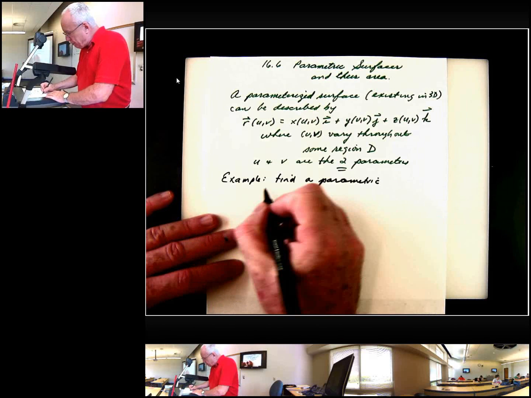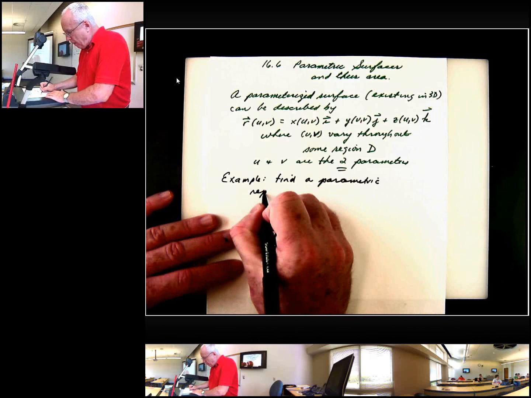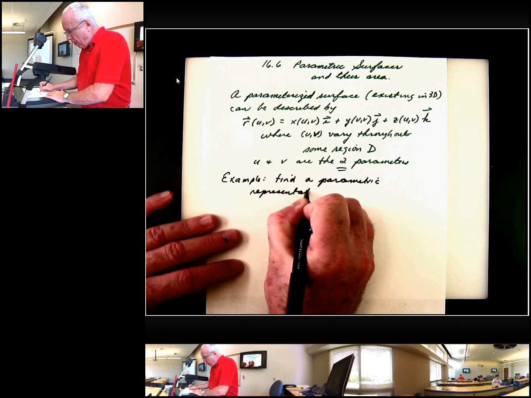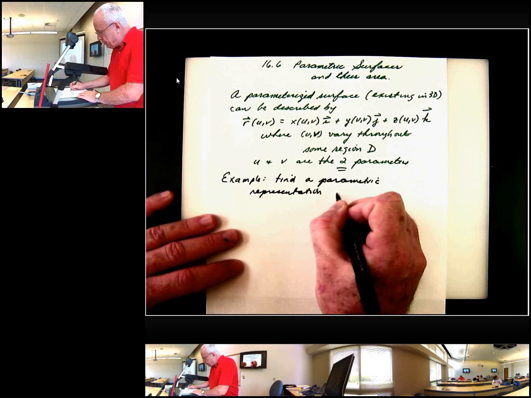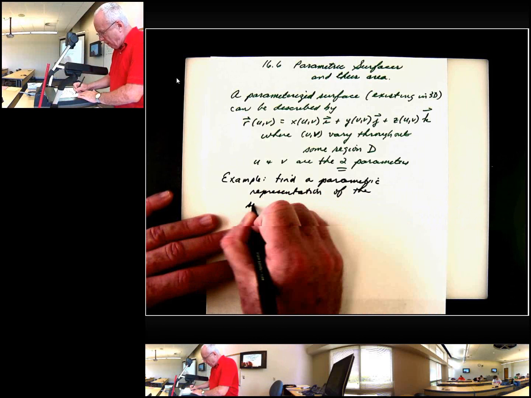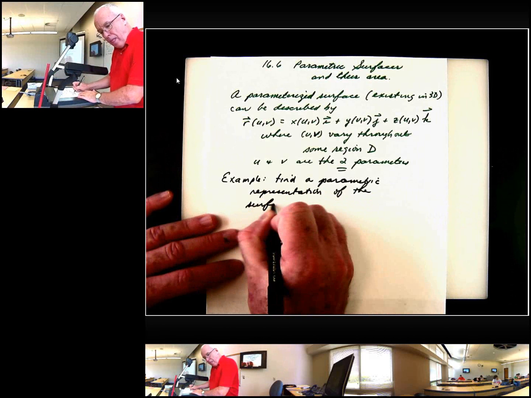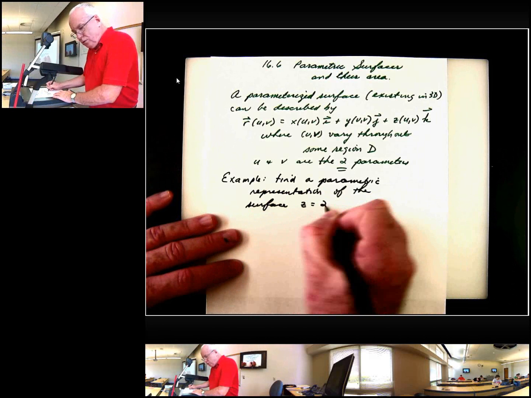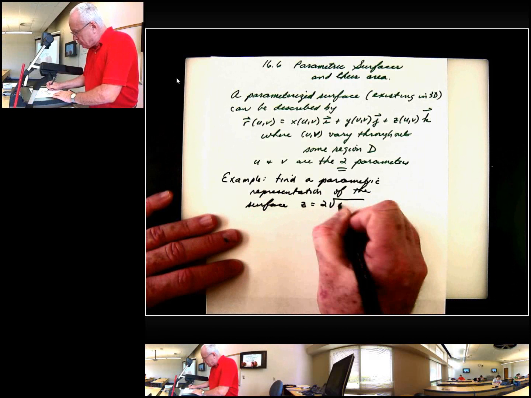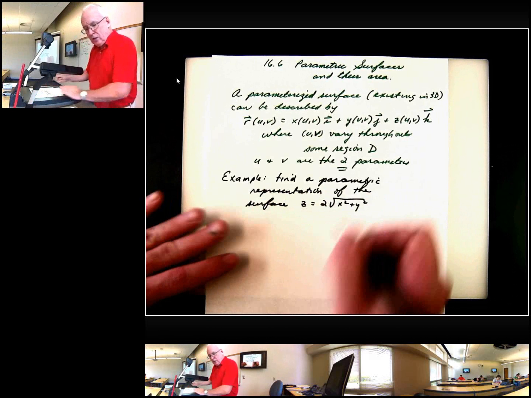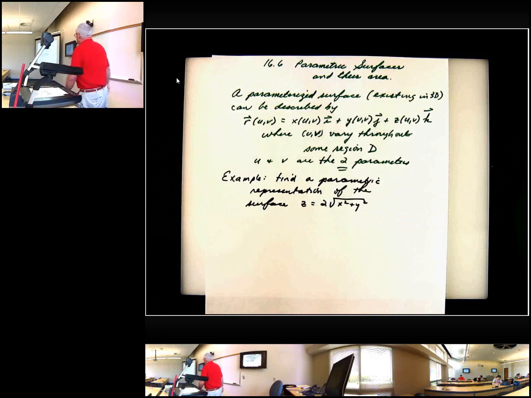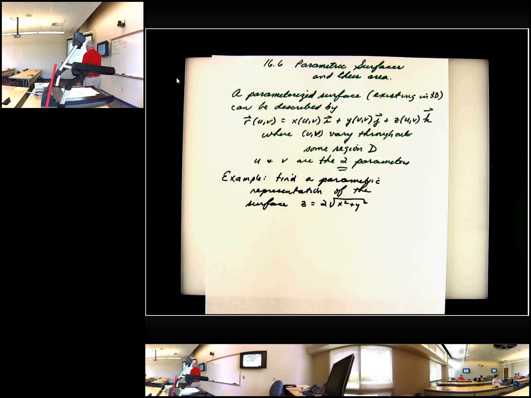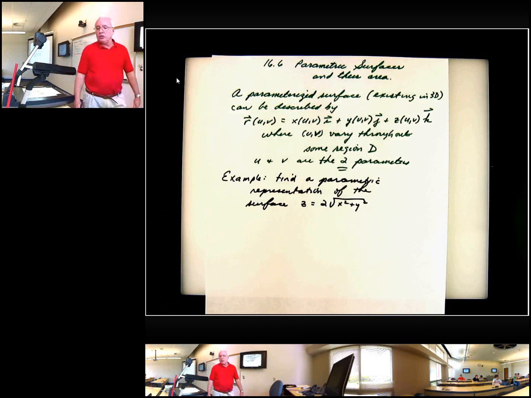A parametric representation of the surface z equals 2 times the square root of x squared plus y squared. And this is actually very simple. In fact, so simple you might not even see initially how to do it.